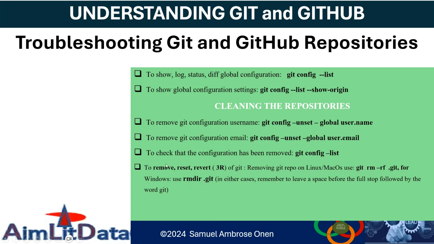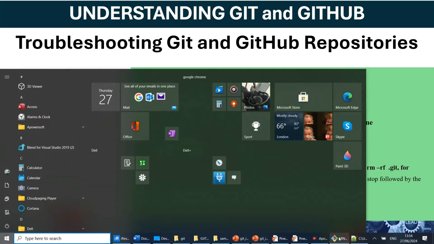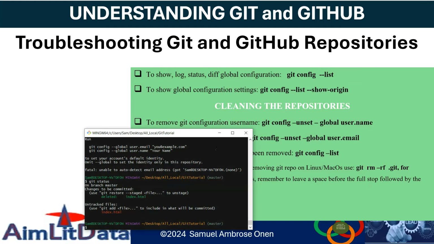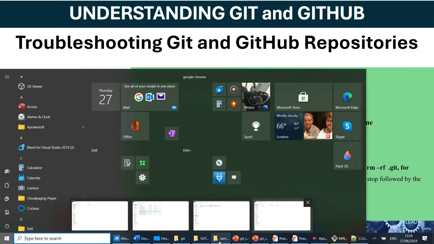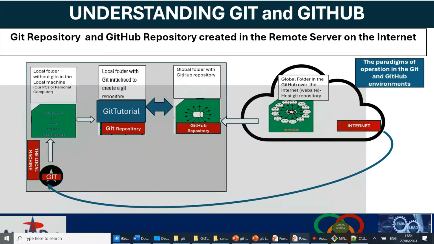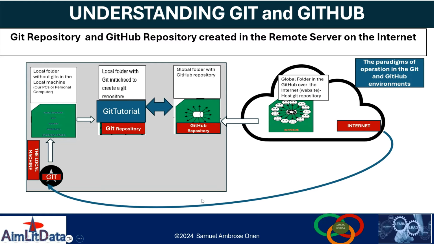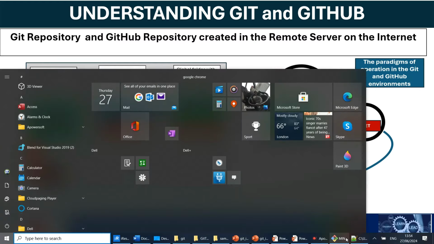But we are in the process of removing a file. We have removed it from the staging mode back to the unstaged area in our working environment. So let us see how we are going to remove this file completely.